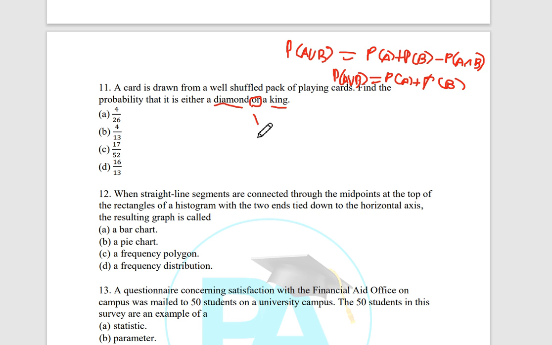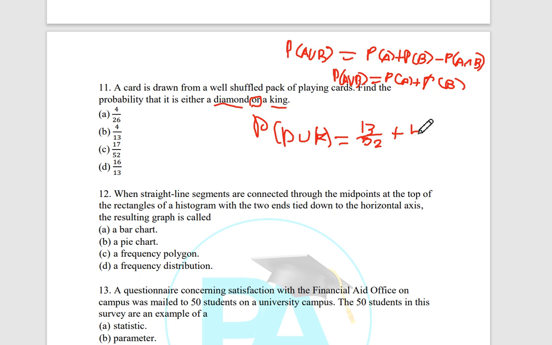So probability of diamond union king, diamond or king, K, is equal to, what's the probability of getting a diamond? How many diamonds do we have there? We have 13. So we say 13 divided by, the total number of cards is 52. So 13 divided by 52, plus, how many kings do we have? We have 4 kings, isn't it?